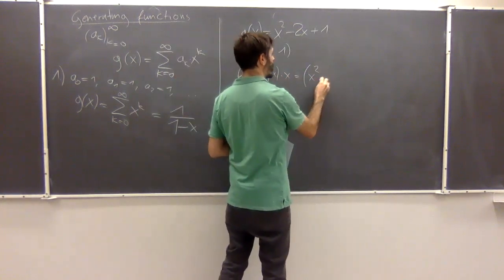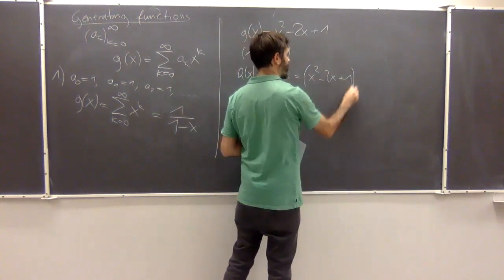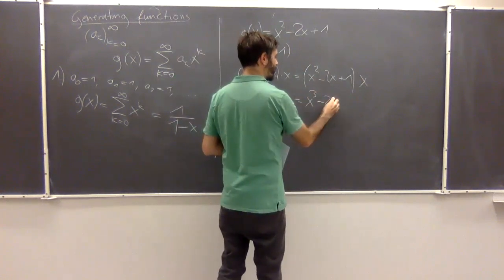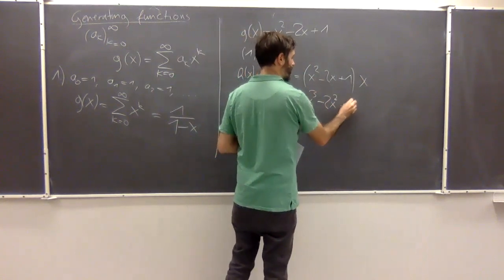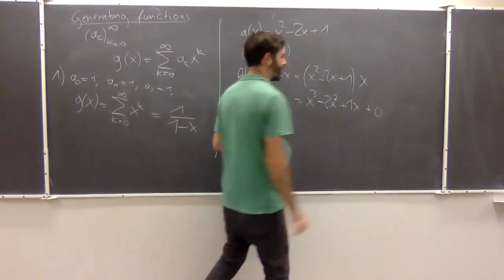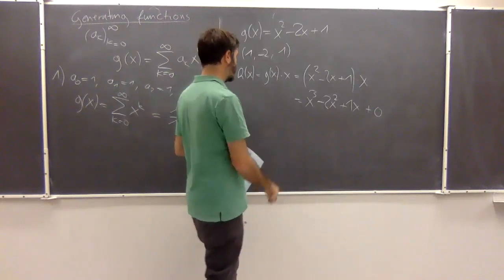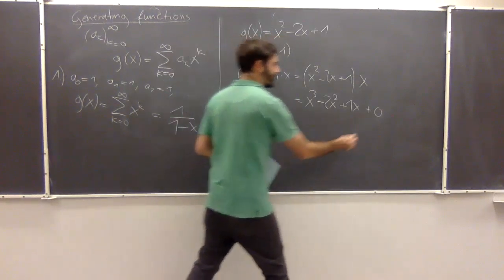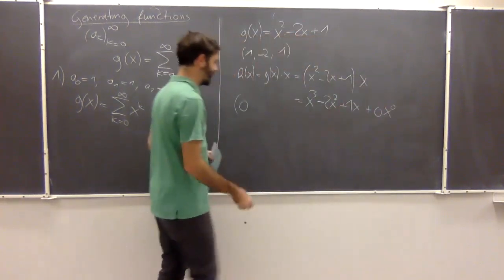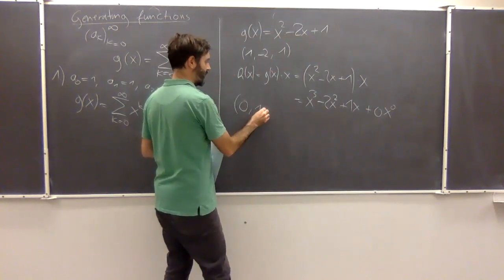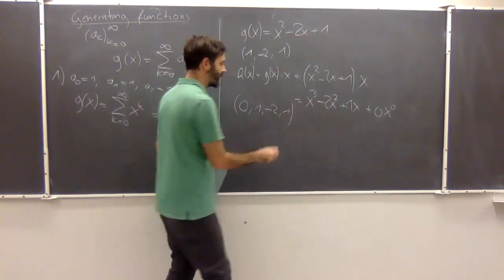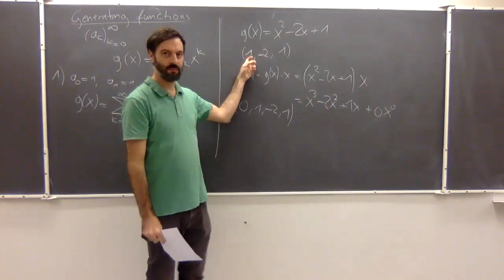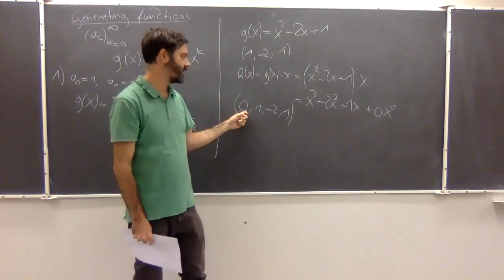Well, x squared minus 2x plus 1 times x is x to the power 3 minus 2x squared plus 1x, and then plus 0 to have the power 0 still in there. So I have a new sequence: coefficient 0 for x to the power 0, then 1, minus 2, 1. What happens? I multiply the function by x, which means all my numbers move one step to the right. I put a 0 in the beginning.